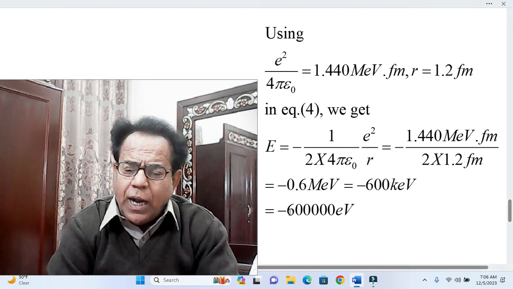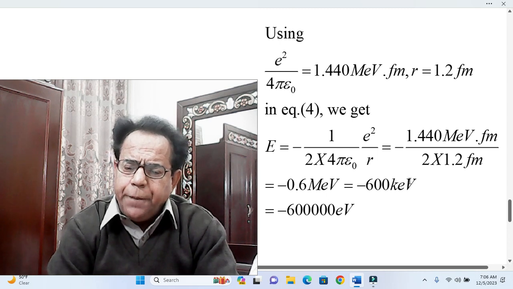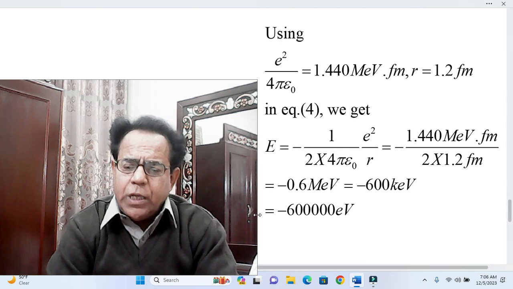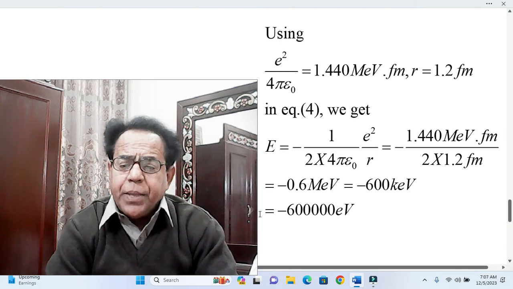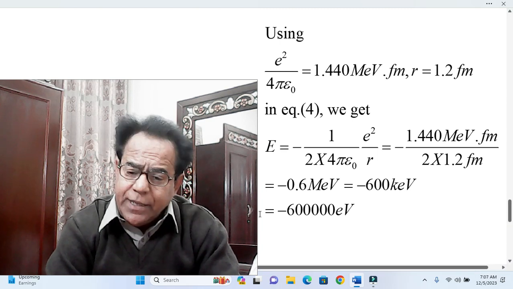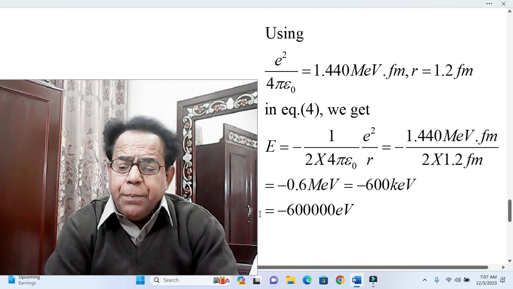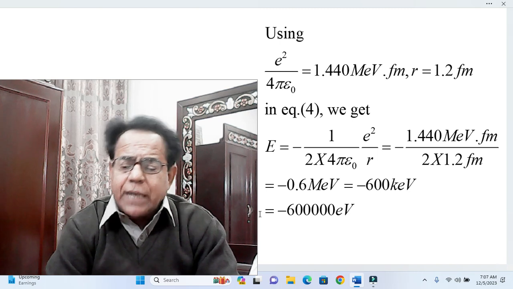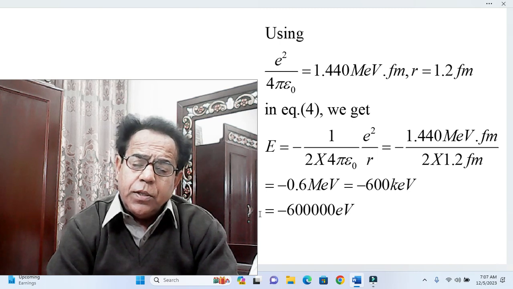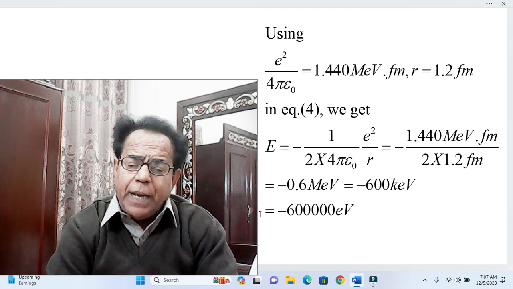So all these three values are our solution to the problem. Either of these three values is a valid answer: either minus 0.6 million electron volt or minus 600 kilo electron volt or minus 600,000 electron volt.